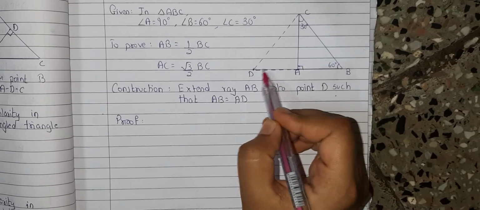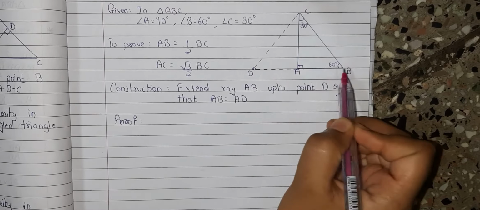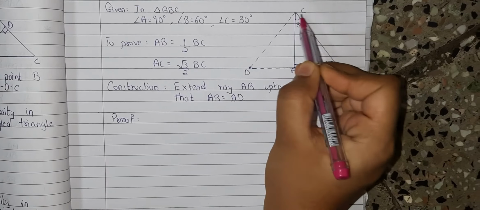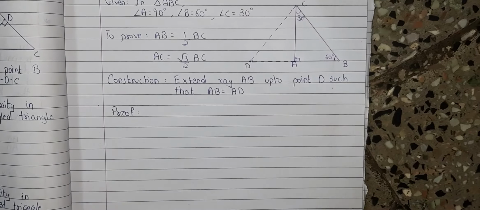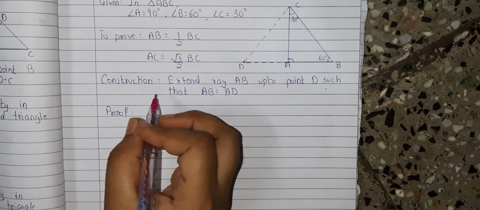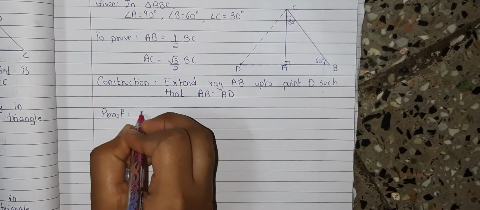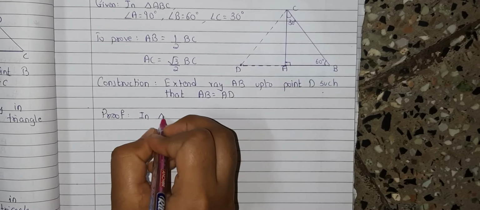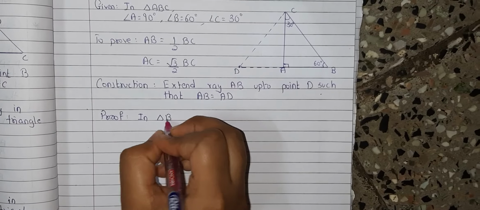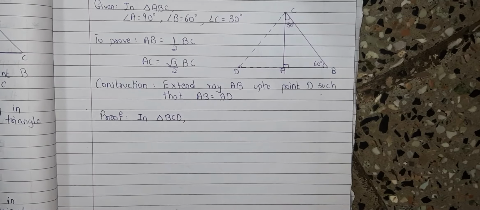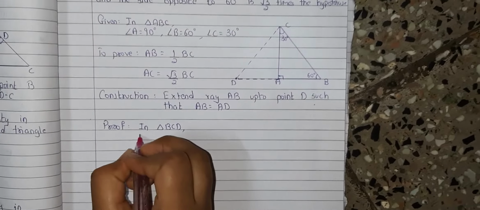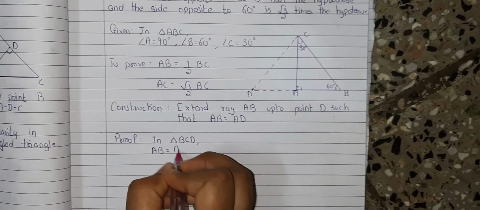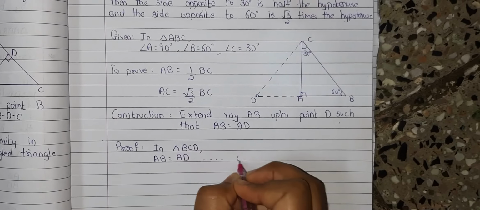In proof, initially we will be proving triangle DBC as an equilateral triangle and then we will move forward. So we will consider in triangle BCD, AB is equal to AD. This is by construction.